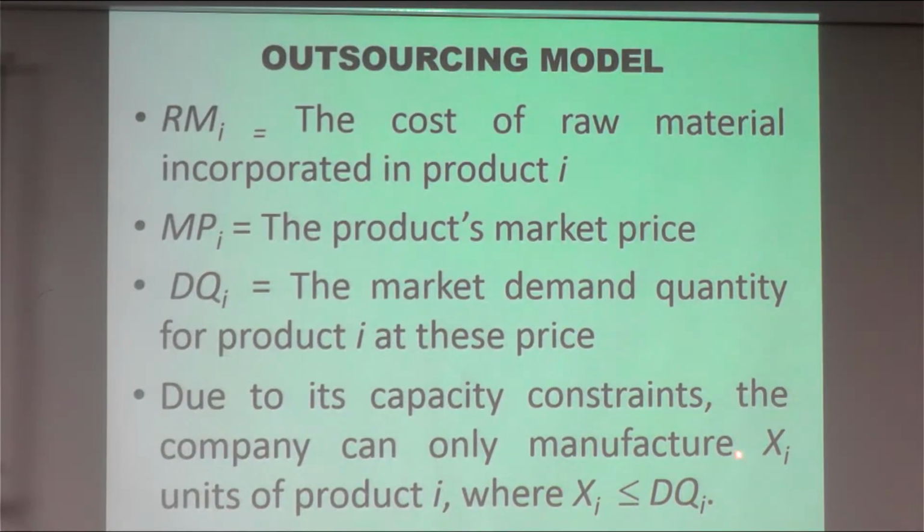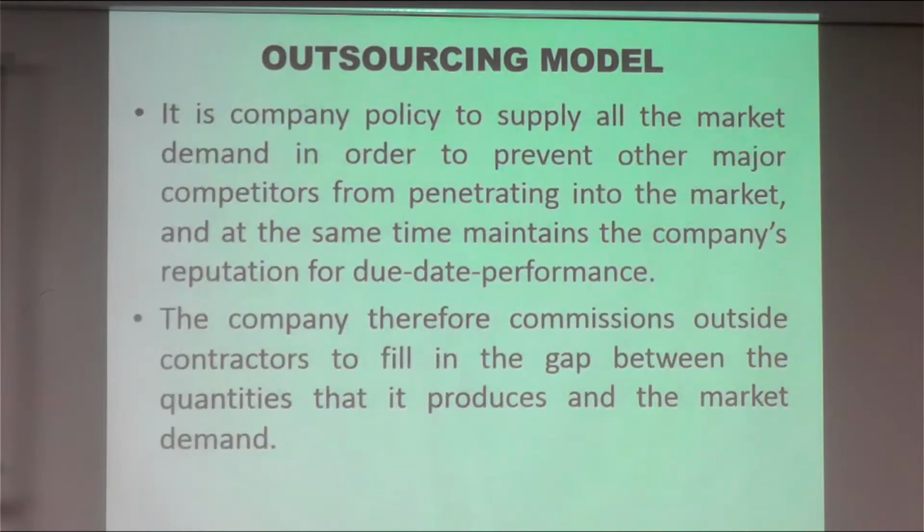So Xi is the variable which must be less than DQi, because you cannot produce more than the demand. So this is a capacity constraint, I mean a demand constraint. You have to produce something less than or equal to this quantity.